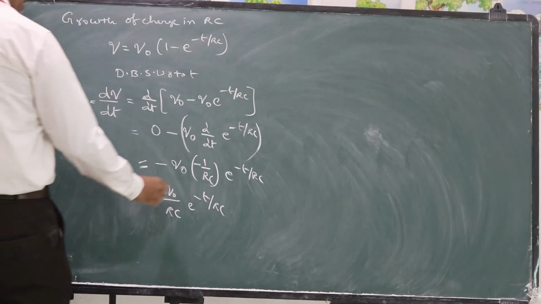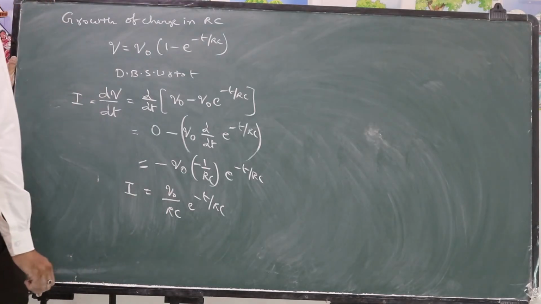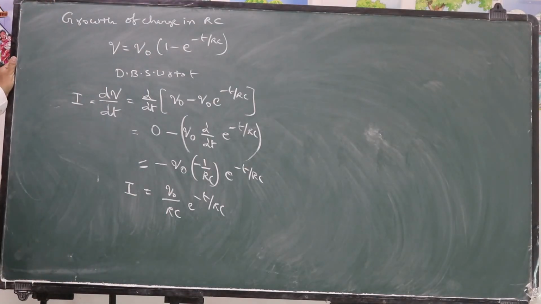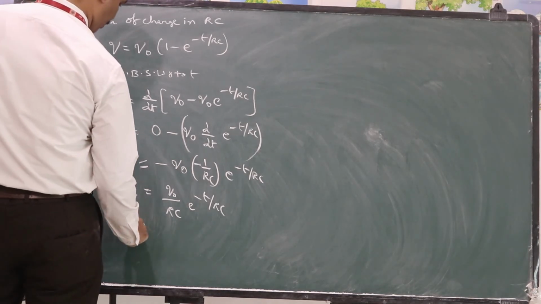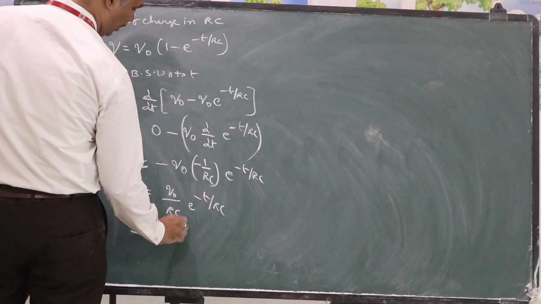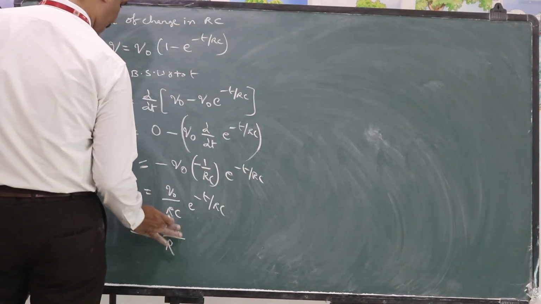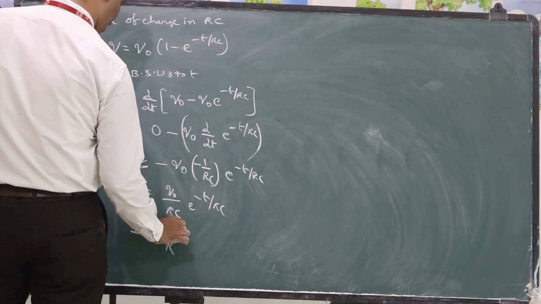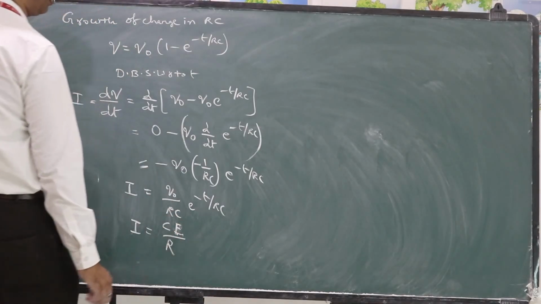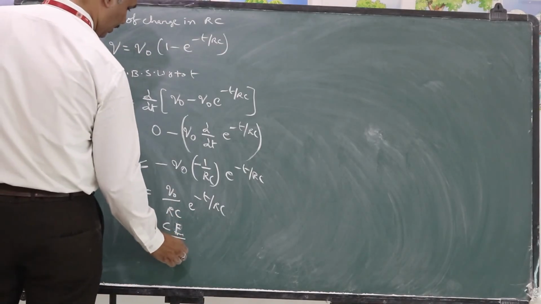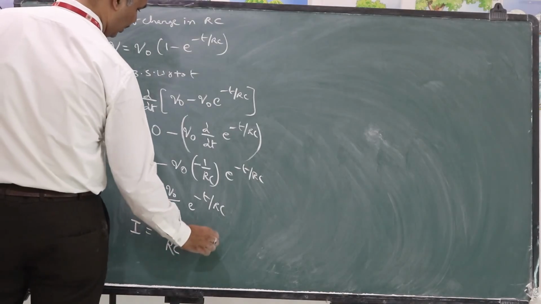Q0 is the maximum charge stored. So maximum charge stored is given by CV, or CE, capacitance into applied EMF, by RC, into e power minus t by RC.